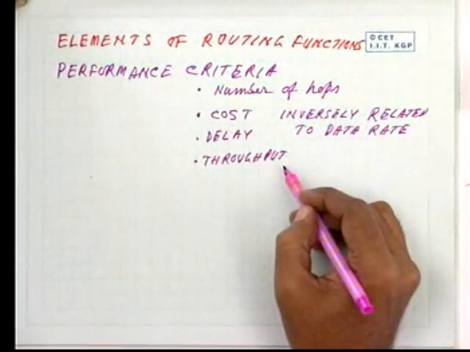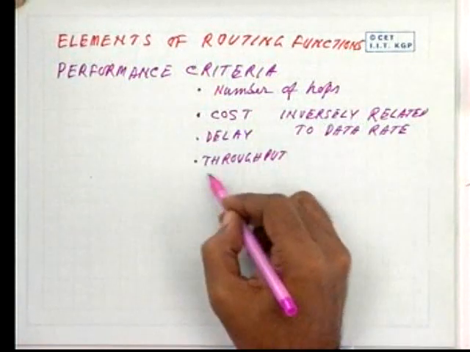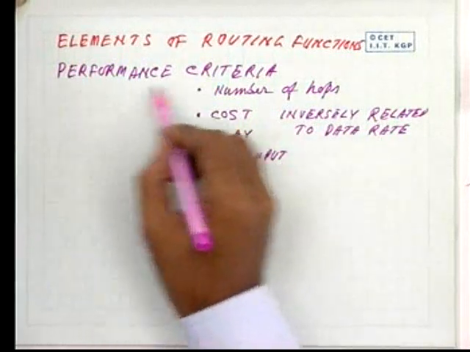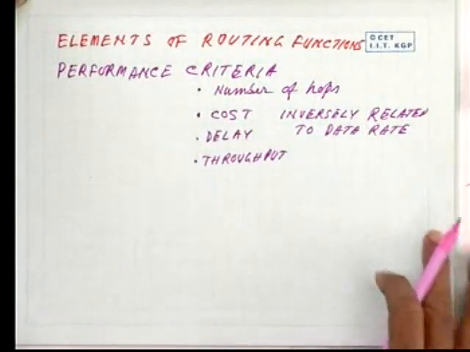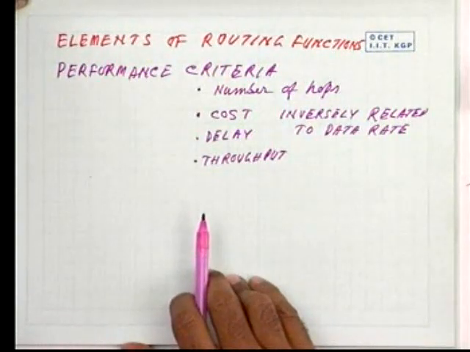Throughput means the number of packets that get delivered in a network by using a particular algorithm, and which technique gives you maximum throughput can be one of the criteria for designing the routing algorithm in a packet switching network.